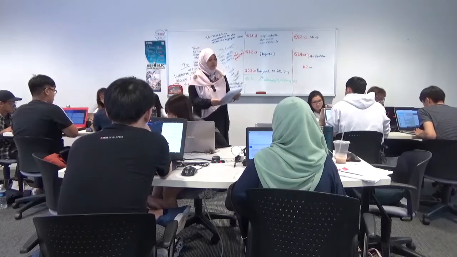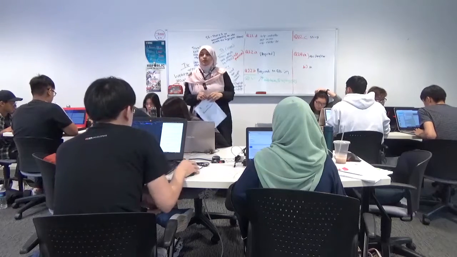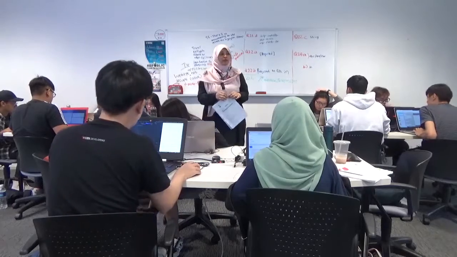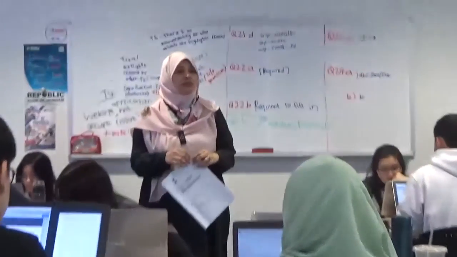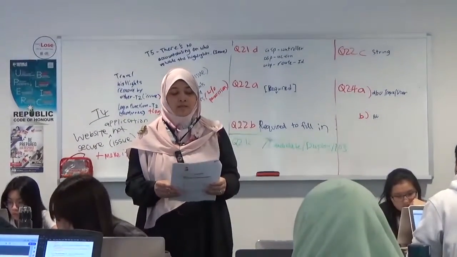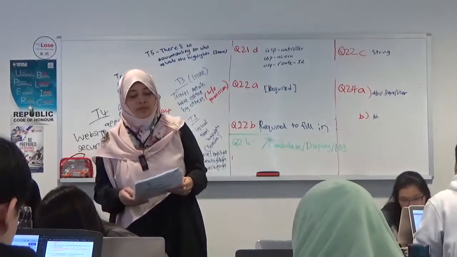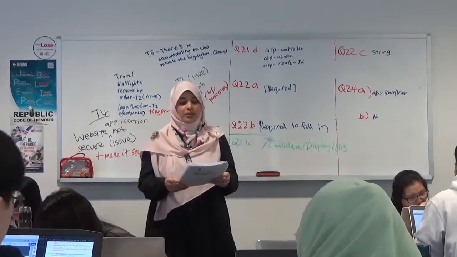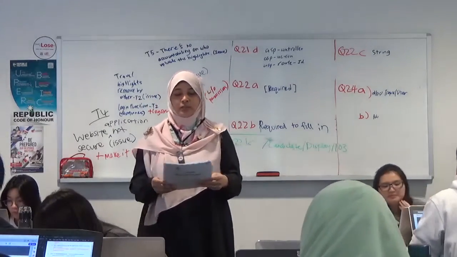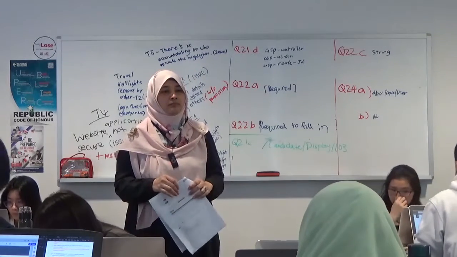Now, 23. Did you all read the part on the authentication? Got it. So please read. For question 24, which table in the database stores the user details and password? Which table is it?